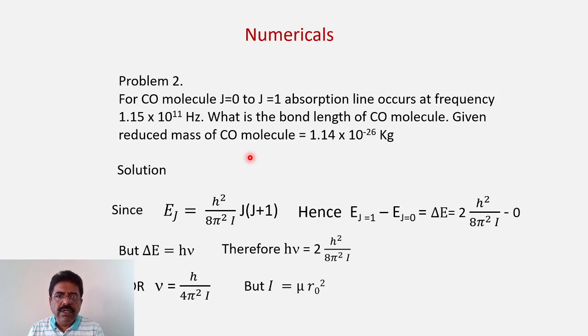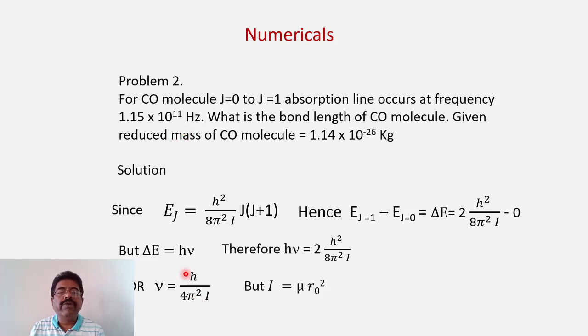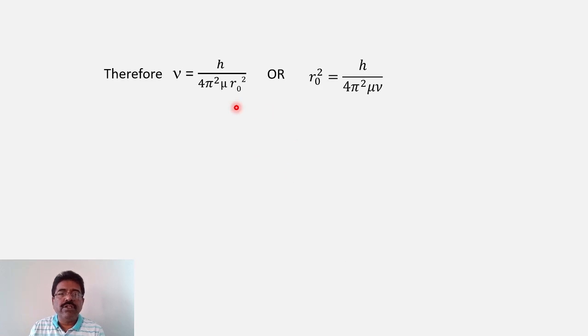The reduced mass is given to us, so we can substitute mu, and for this particular diatomic molecule you can just substitute I is equal to mu r0 square in this formula. So nu is equal to h upon 4 pi square mu r0 square.